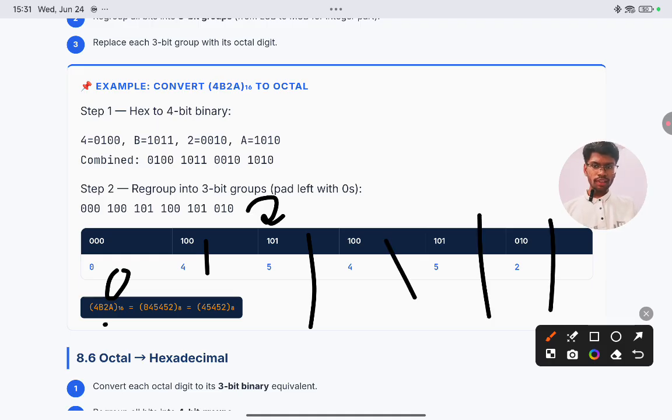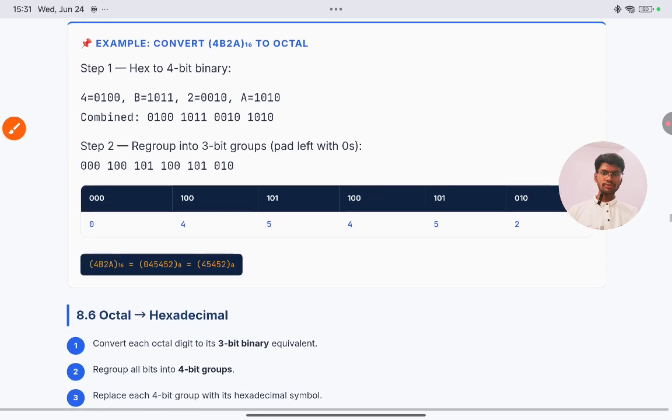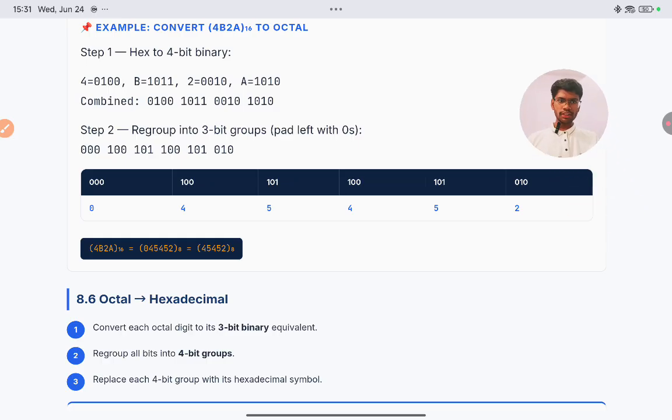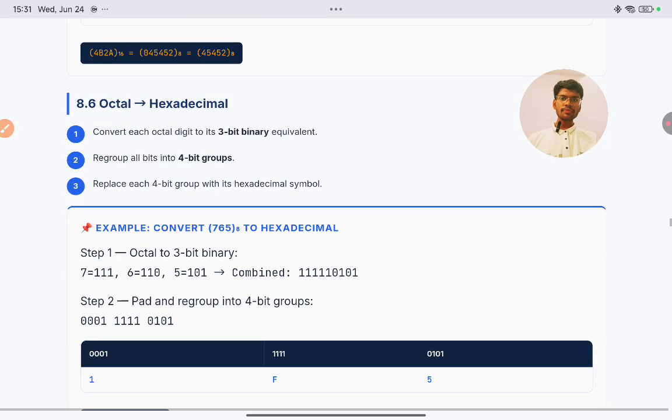So from hexadecimal to octal, how will you convert it? You replace it with binary, then from there you convert it into octal, right? That is the whole process. You can remove the leading zeros and write it like this. That's completely correct, no problem.